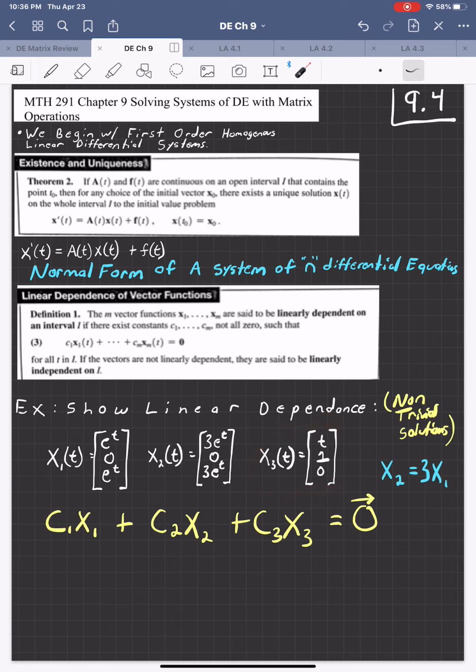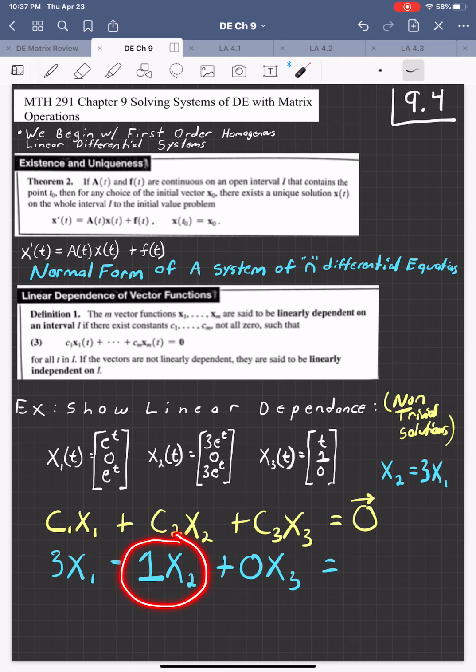That actually is helpful, because if I have multiples here, then I could do something. Let's see if you'll agree with me. If I had 3 x sub 1 minus 1 x sub 2 plus 0 x sub 3, you would agree that as soon as I scale the vector x sub 1 by 3 and then subtract x sub 2, this would zero out, correct?